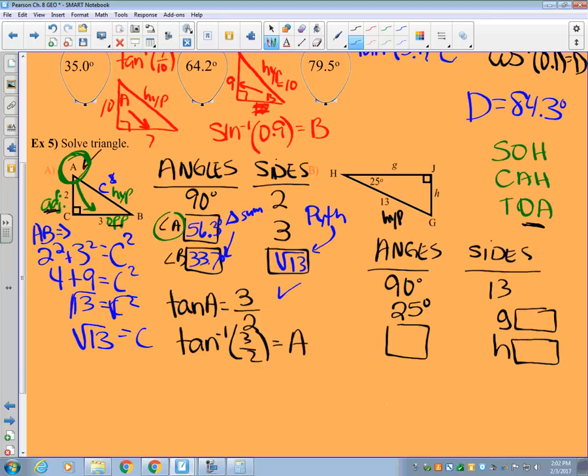So here, we're going to quickly calculate this. This is triangle sum. So 180 minus 90 is 90, and 90 minus 25 is 65 degrees. So boom, I have all my angles down. Now I just have to find my sides. So we're going to circle our reference angle.